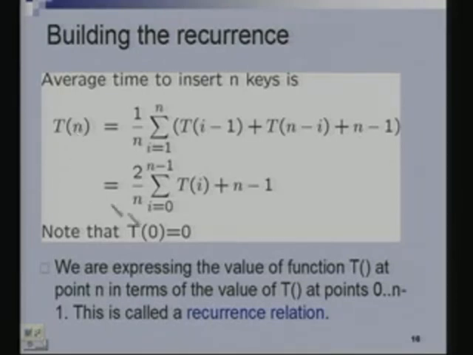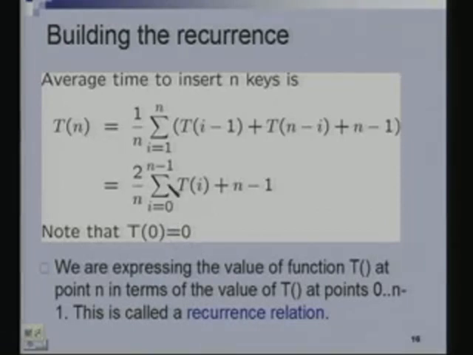Such a thing is called a recurrence relation. This is a function t, which is a function of n. We are expressing the value of this function at point n in terms of its value at previous points, right? So I can use this relation to compute t of 0, t of 1, t of 2 and so on. So t of 0 is 0. What is t of 1?